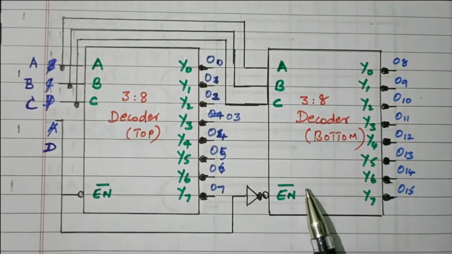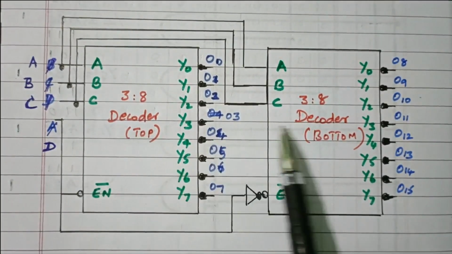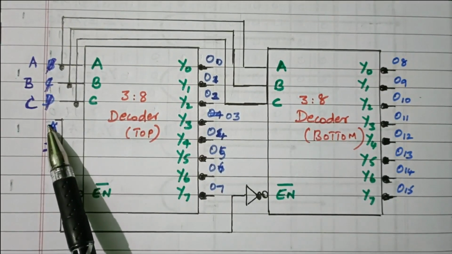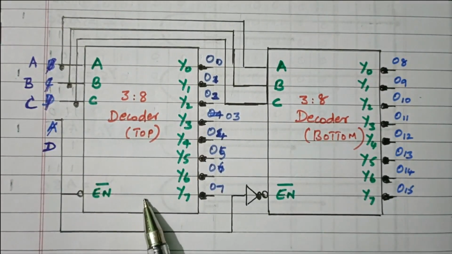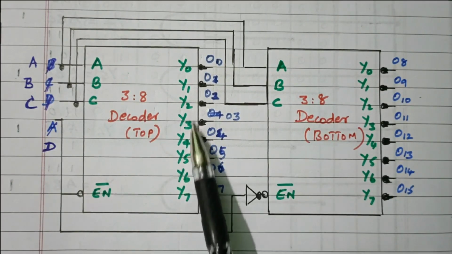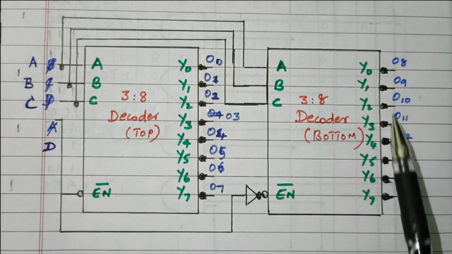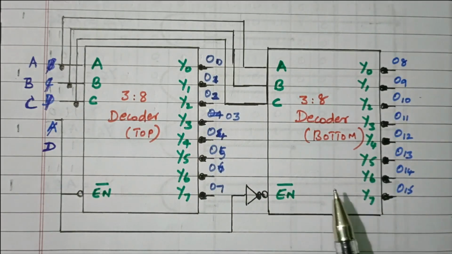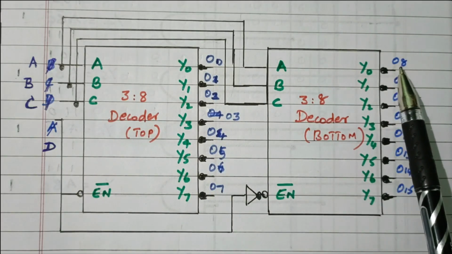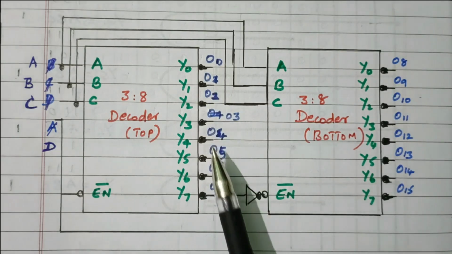Out of 4 inputs, we are using 3 inputs for these 2 decoders. The 4th input is used for enabling the top and bottom decoders, so that we are getting output from one decoder at a time. At that time, the output of the second decoder is 0. Similarly, while enabling the bottom decoder, we will get the output from this, and these outputs are 0.